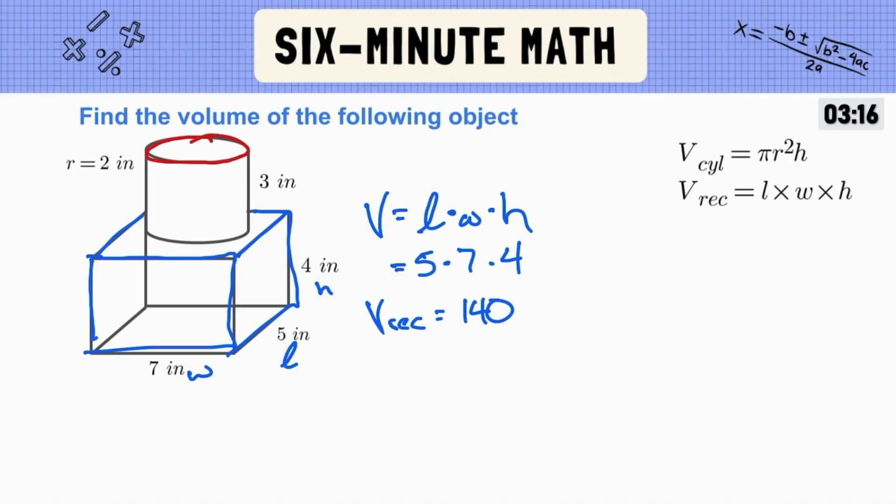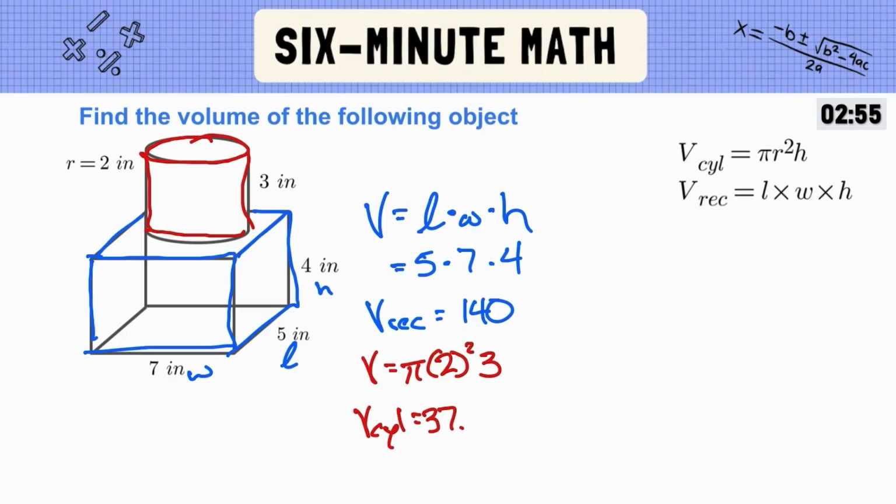Then I move on to the volume of my cylinder. Our volume is pi times my radius of 2 squared times the height of 3. I plug that into a calculator for my volume of a cylinder is 37.69911.